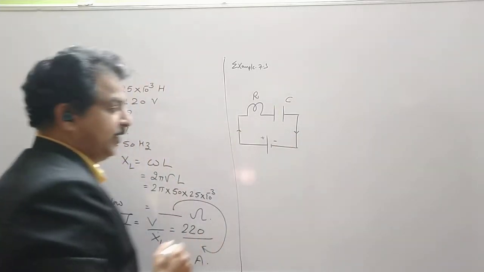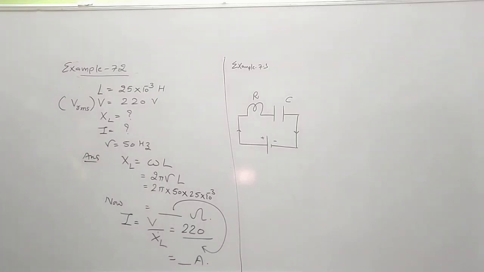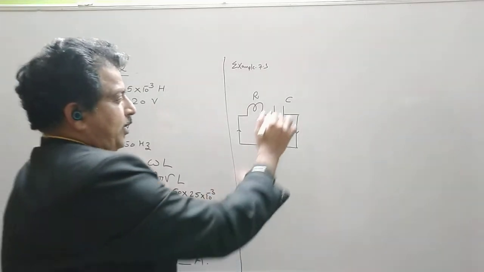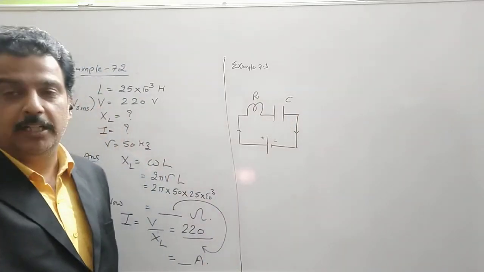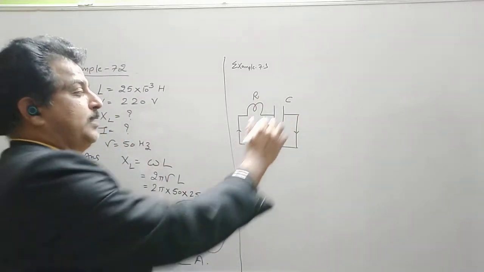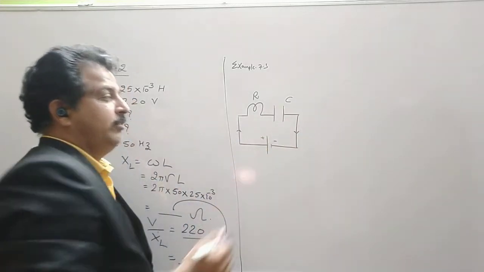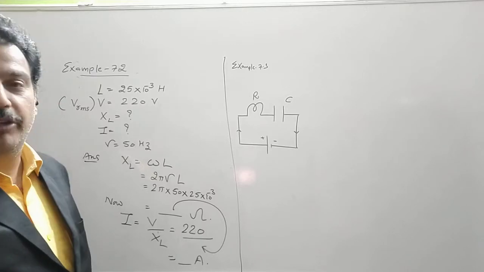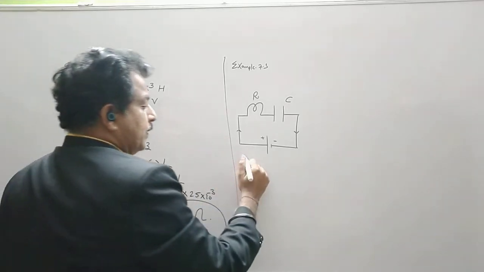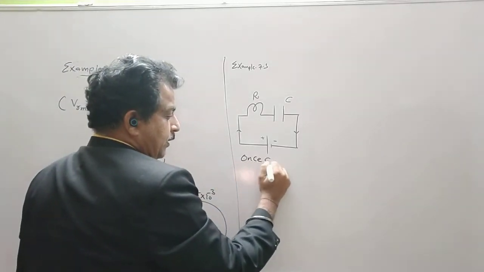So what will happen in this case? Once the capacitor is charged, we know the capacitor blocks the DC current. So once the capacitor is charged, the current in the circuit becomes 0, and therefore the lamp will not glow.